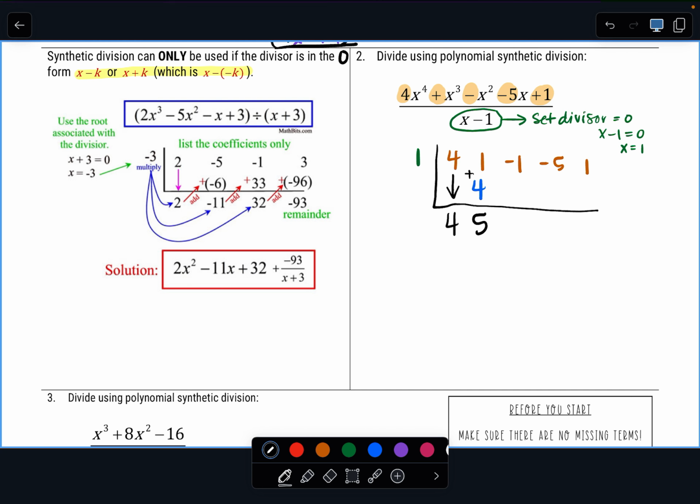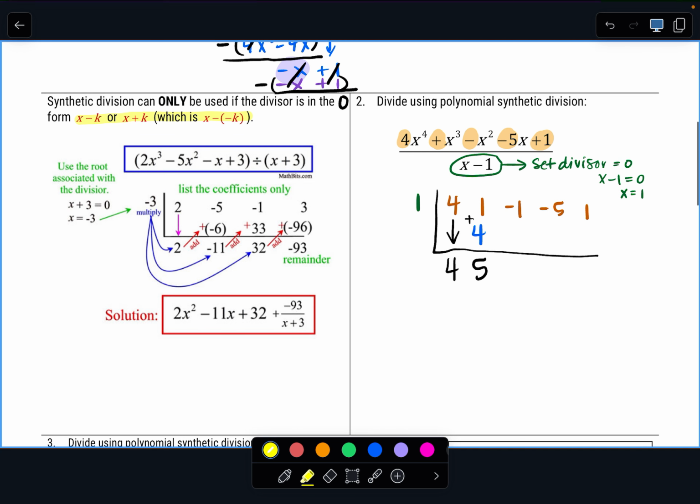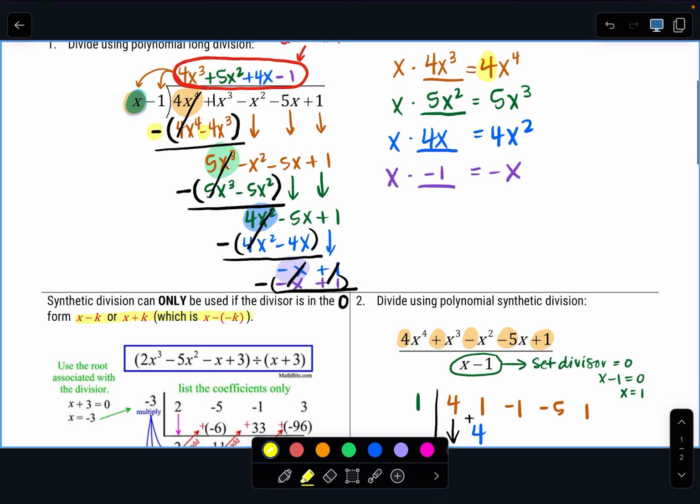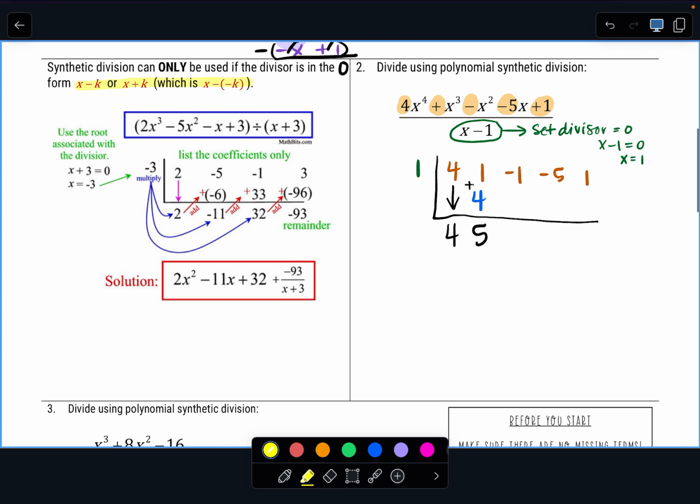Now, the next thing, I'm going to again reference back to the problem we just did. If I look back at number 1, what was the next coefficient that I was trying to make? 4. I made 4 the first time. What about the second time? 5. What number did I just get from synthetic division? 5. So we are going to repeat this process. I'm going to take this number, multiply it by 5, and write it underneath the next number.